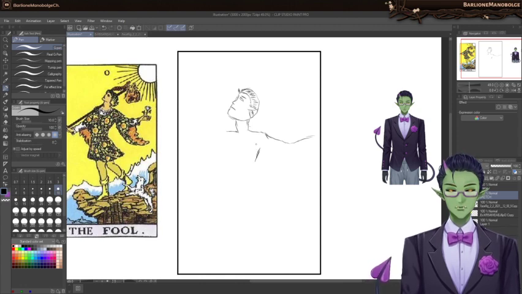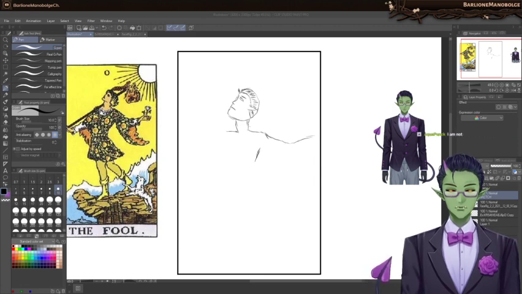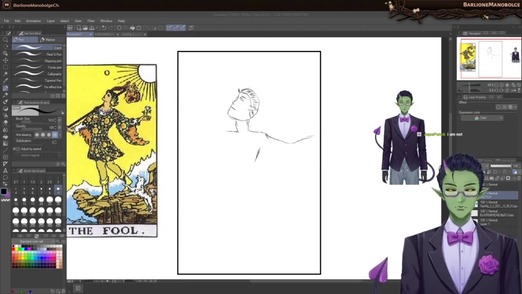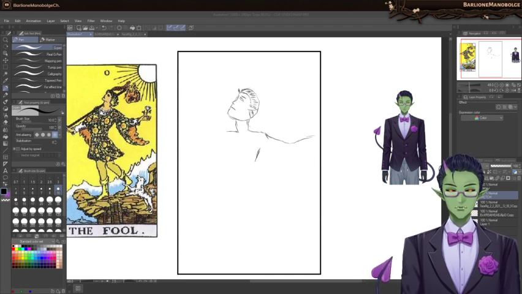I can read out the description of it. I looked it up earlier. You're not. Okay, so the key components, I don't know how aware anyone watching is of tarot readings, but they have a meaning depending on whether or not they are upright or reversed, whether they are dealt facing right side up or upside down.